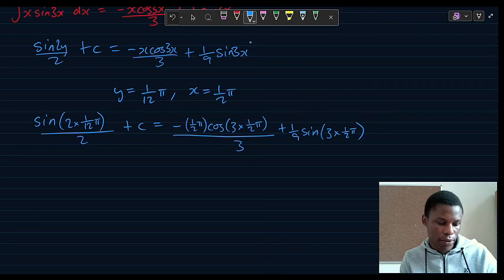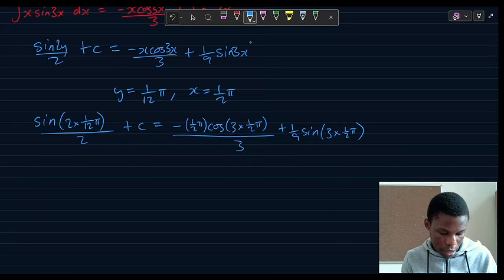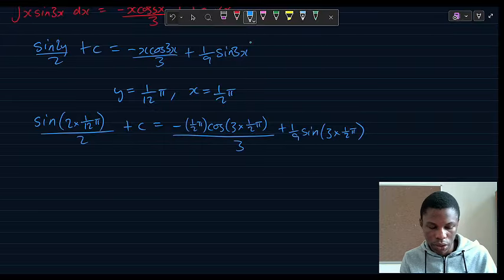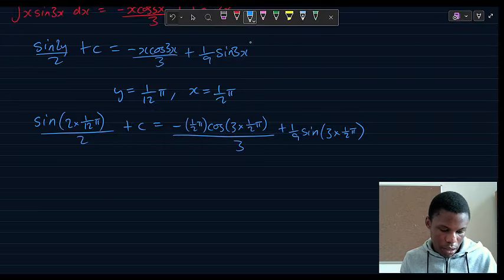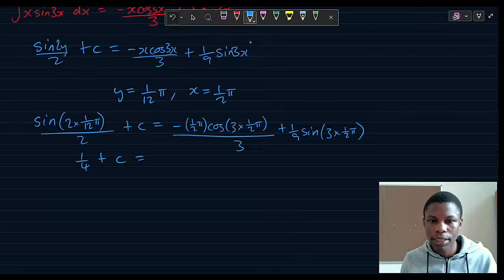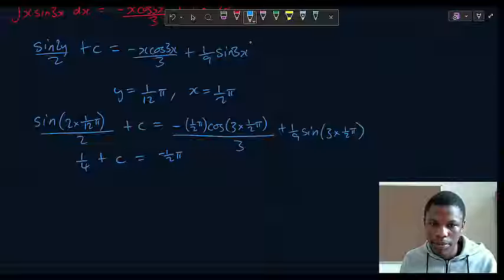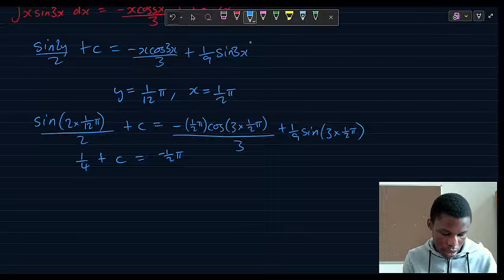So on the left, we've got that sine 2 times 1 over 12 pi, and that is over 2. Make sure your calculator's in radians. You get 1 over 4 plus C is equal to, then here I've got negative 1 over 2 pi times cosine of 3 times a half pi.